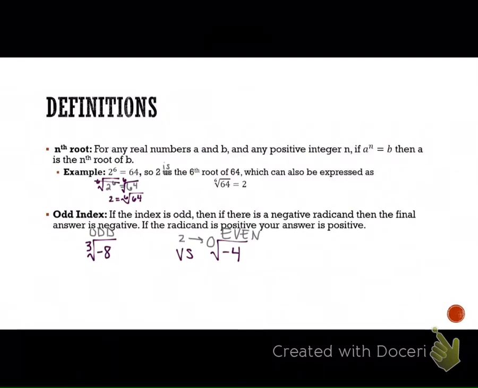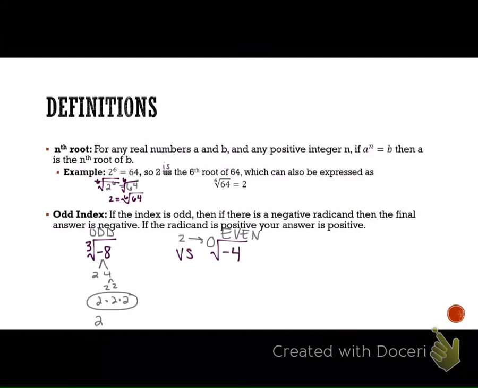If you have an odd index, you're saying, what number multiplied 3 times gets you negative 8? Well, 2 times 2 times 2. We're looking for groups of 3. We have a group of 3. Everything's circled, so we don't have a radicand anymore. But we know that 2 times 2 times 2 is 8, not negative 8.